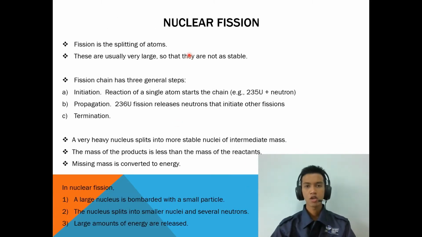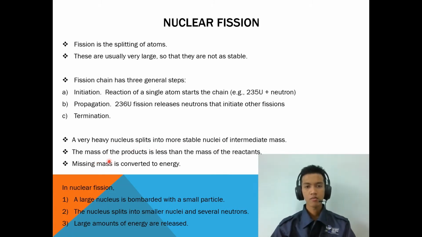Okay, for nuclear fission, fission is the splitting of an atom. They are usually very large and not as stable. A fission chain has three steps, which are initiation, propagation, and also termination. A very heavy nucleus splits into more stable nuclei of intermediate mass.